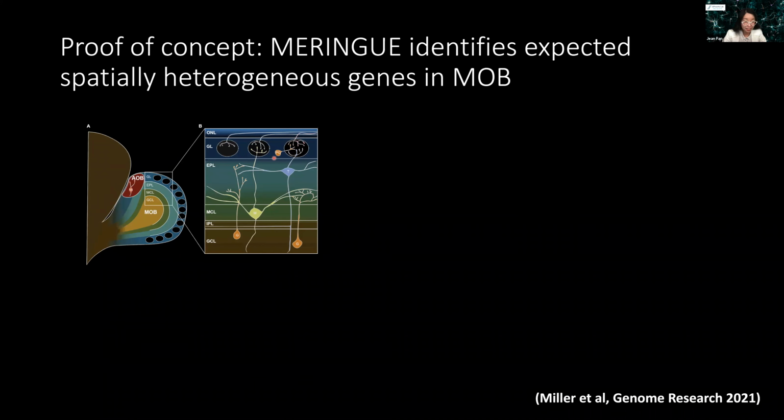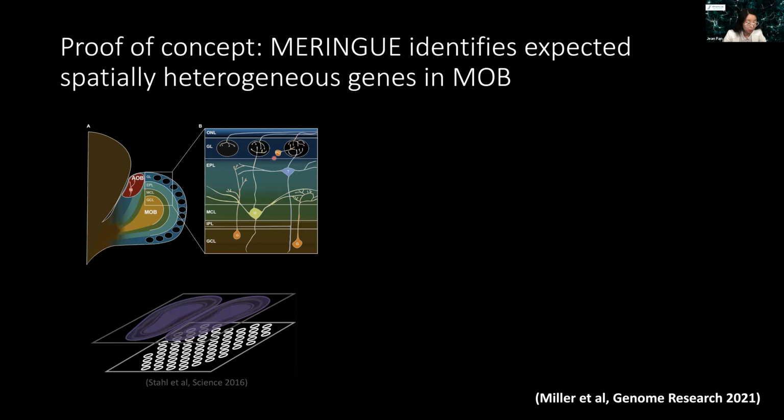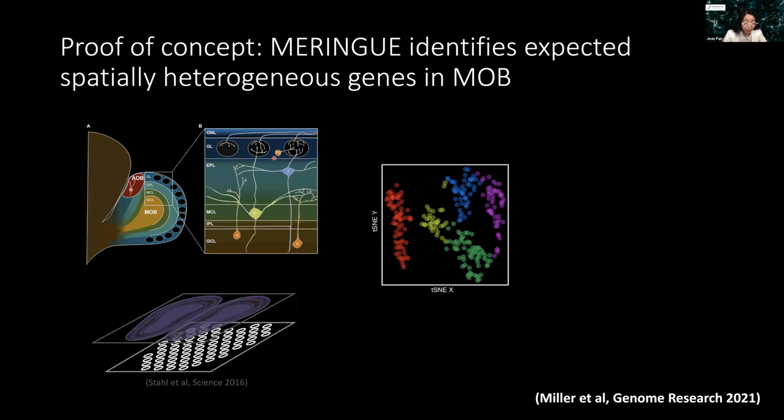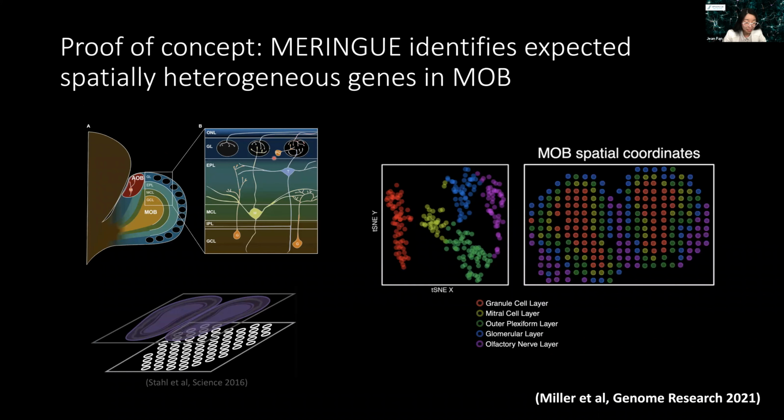Given spatially resolved transcriptomic profiling, we can of course cluster and identify these transcriptionally distinct cell clusters. But when we map these clusters back onto their original spatial coordinates, we can see this very beautiful, bilaterally symmetric layer structure that is consistent with the spatial layers we know to be present in the MOB.